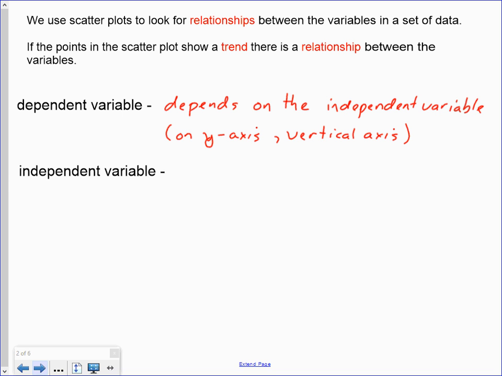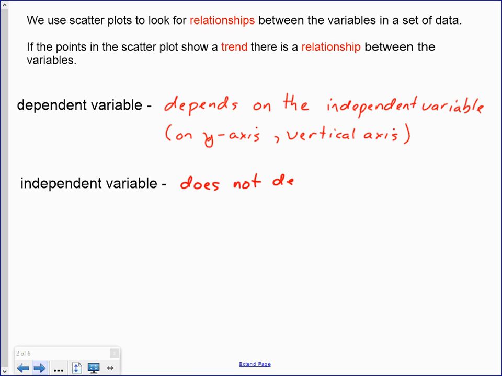Our independent variable does not depend on the other variable. Generally this means that we have some kind of control over it, or it determines what is going on in our situation. It always gets plotted on the x-axis, or the horizontal axis.